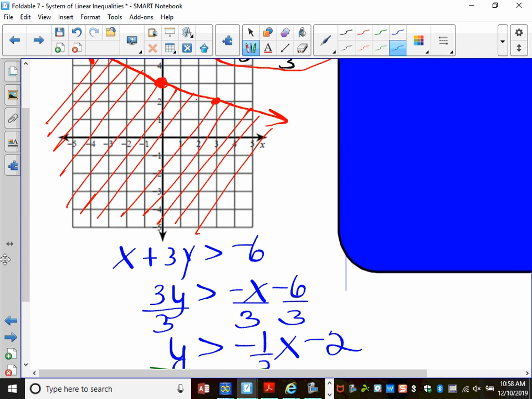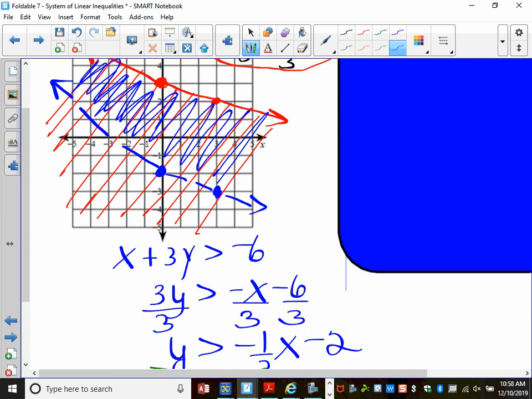So I'm going to start at negative 2. And then I'm going to go down 1 over 3. And what types of lines have the same slopes? Parallel. Okay, and this is a dashed line. And this is greater than, so we shade above, which means they will just meet in the middle. Okay, right here. That's it.